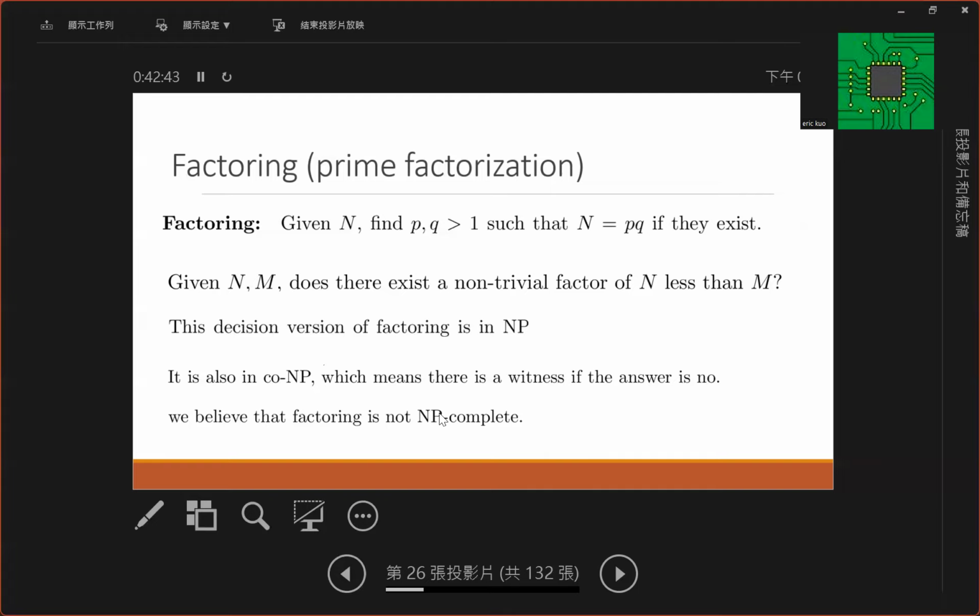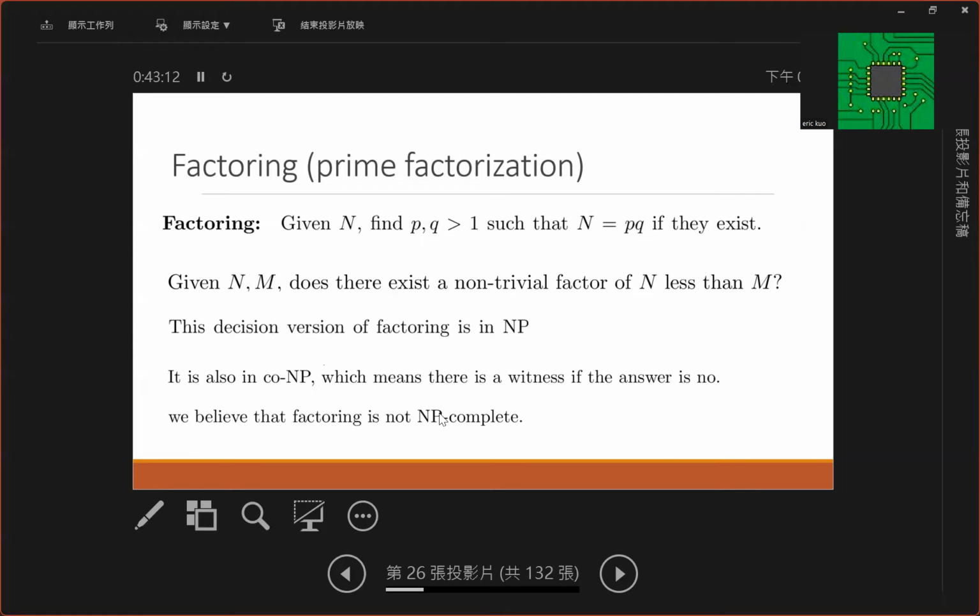What was the definition? NP-complete means that all the problems in NP can be reduced to such a question. So it is the most difficult problem in NP. One canonical example is that I give you a Boolean circuit, and you check whether there exists an assignment such that it computes one.